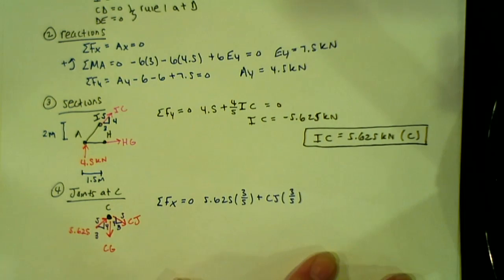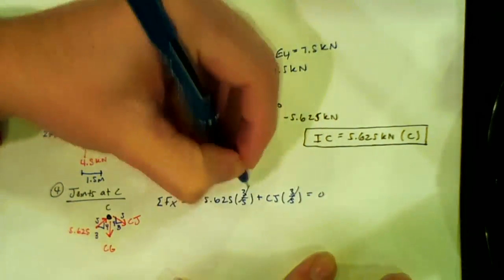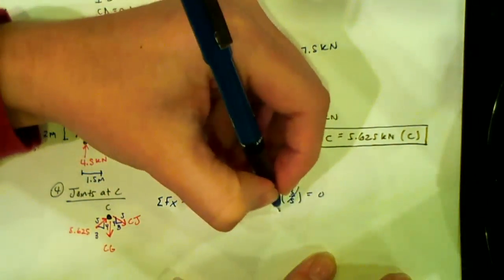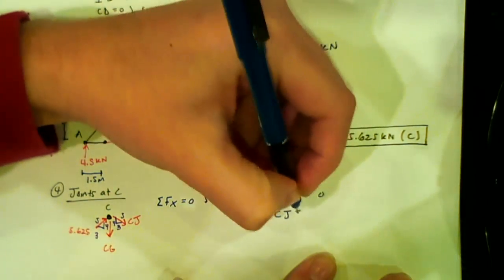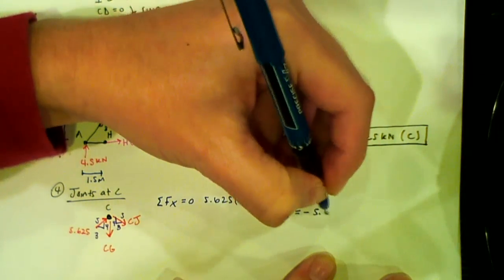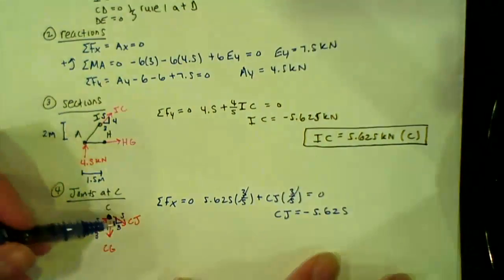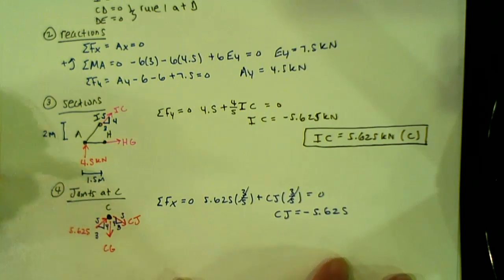Right? Anything else? No? So that equals 0. So from this, the 3 over 5 and 3 over 5 cancel. So CJ is equal to negative 5.625. So what does that negative sign mean? Good. So that one's actually in compression as well. So we'll keep that in mind.